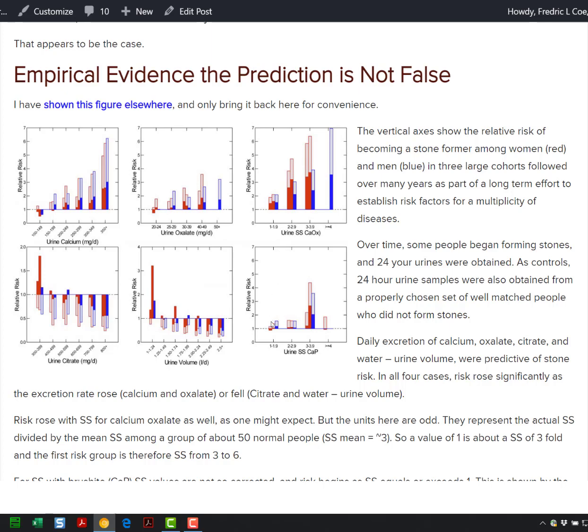What about supersaturation calcium phosphate? That's brushite. Risk begins at 1. Less than 1 was the reference point. Above 1, it's already there. It doesn't progress too much either, even up to 2.9. It acts just like a trigger.